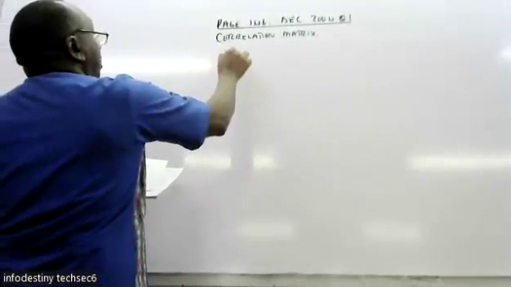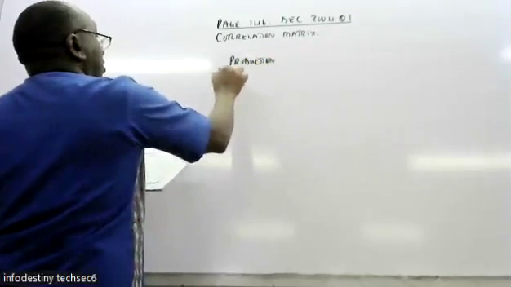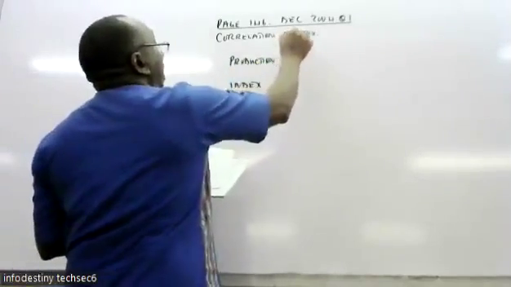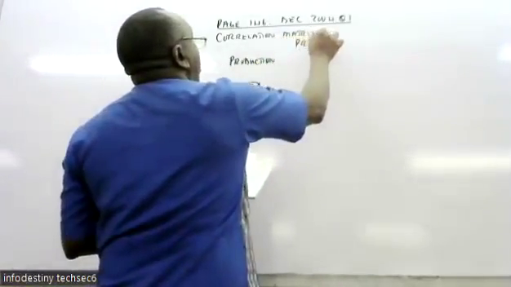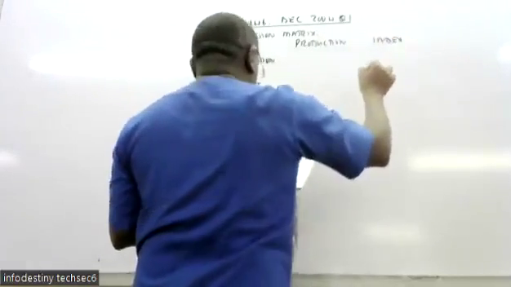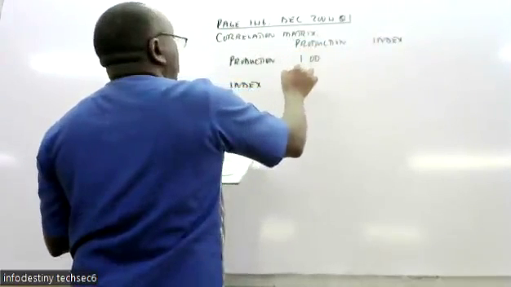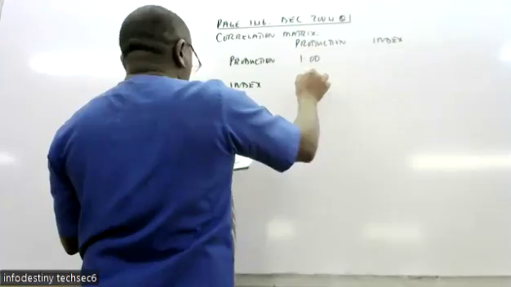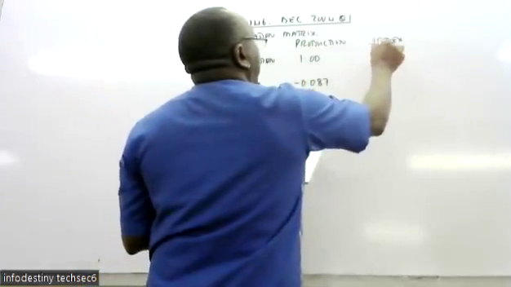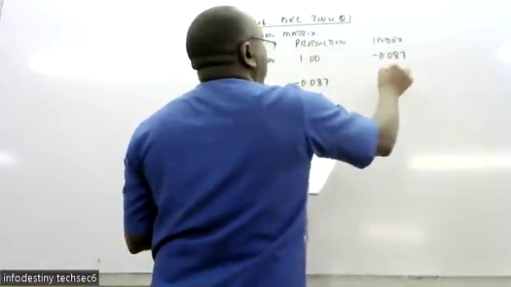Now that correlation matrix, we have production here, and we have the index. This is 1.00. This is minus 0.087. This is minus 0.087. And this is 1.